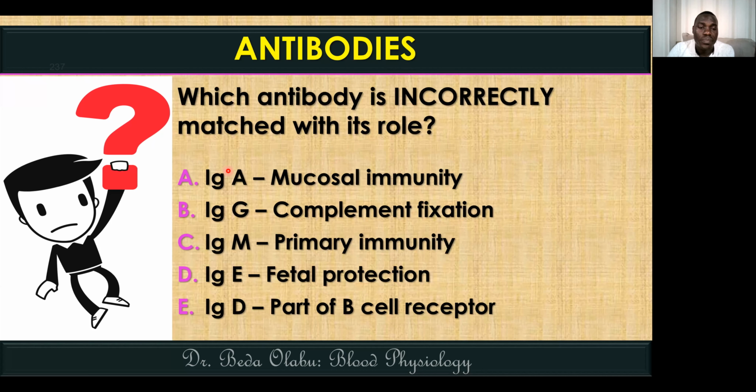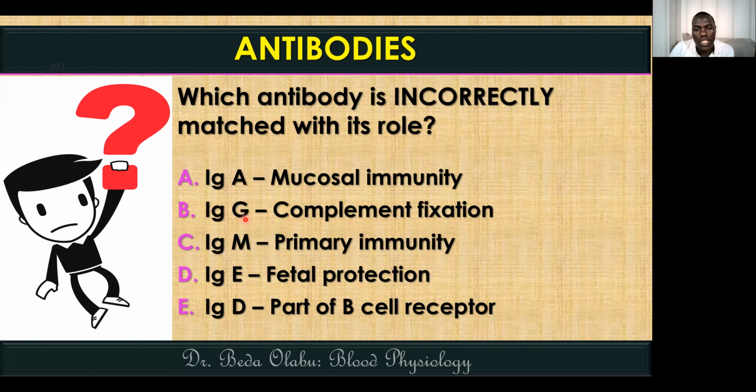So basically, immunoglobulin A is usually found on body surfaces and in secretions. So it is true it offers mucosal immunity. Immunoglobulin G is the most abundant of the antibodies. Apart from fixation of complement system, immunoglobulin G also has other functions.